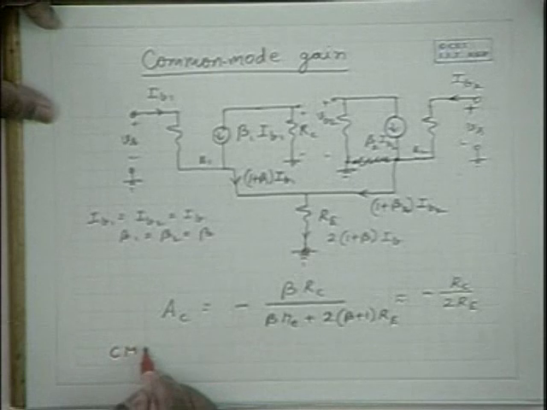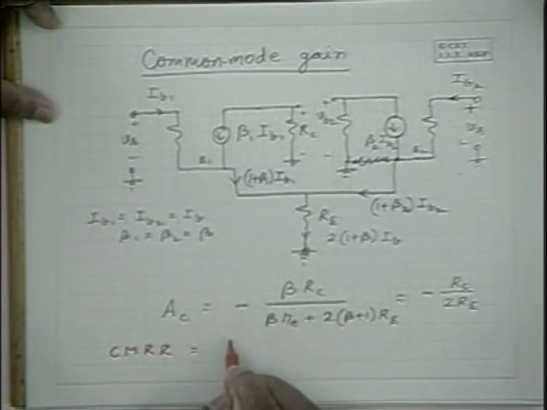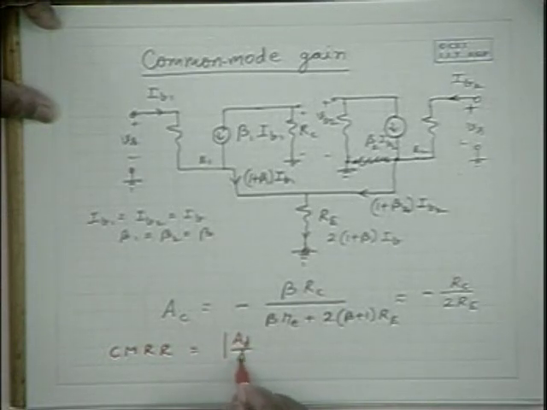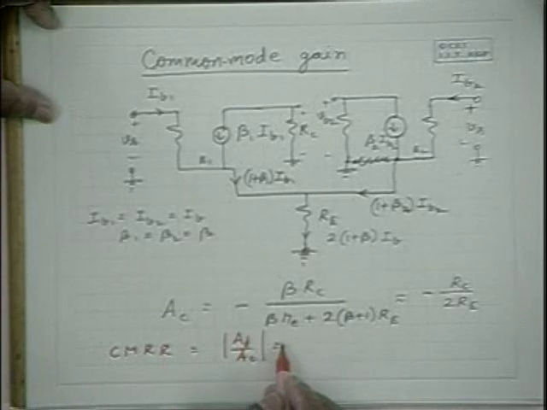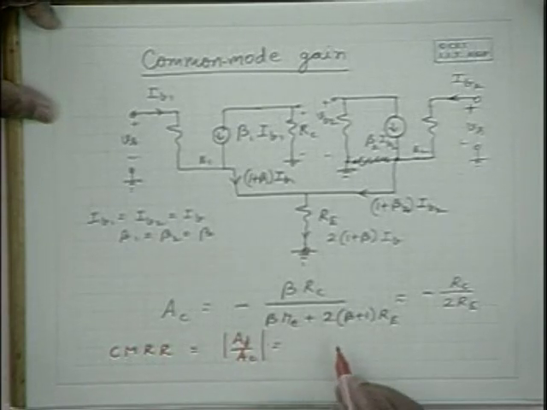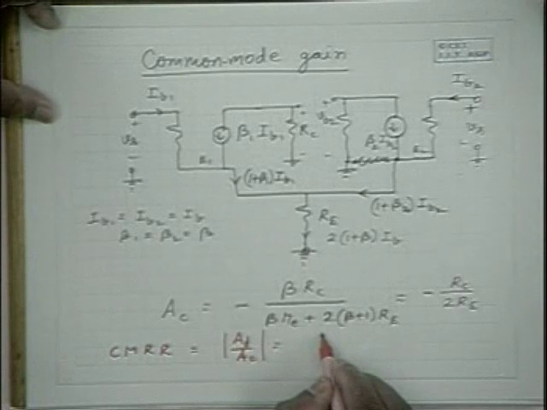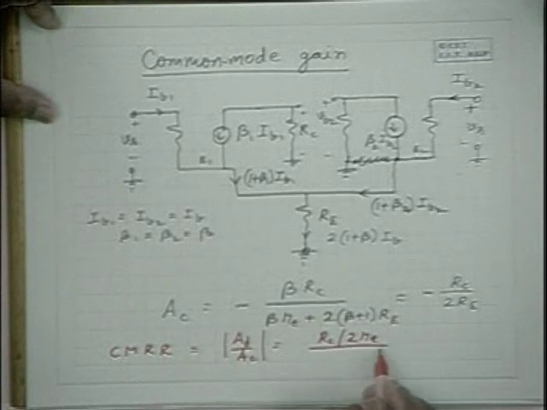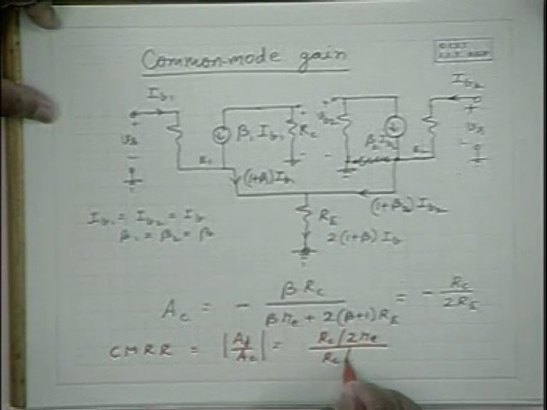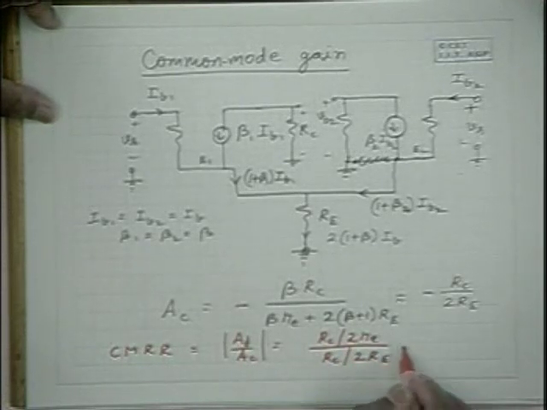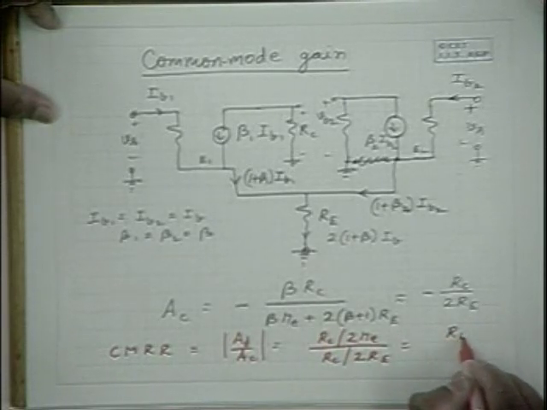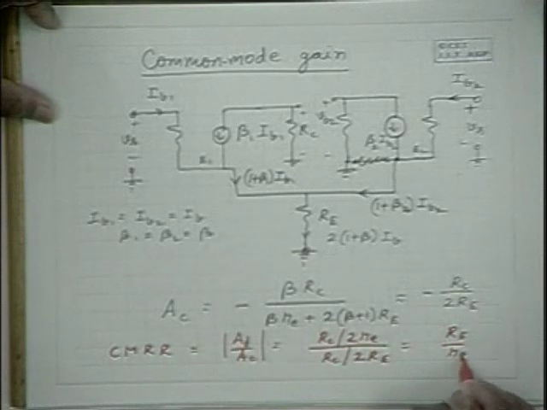Therefore, CMRR is the modulus of AD by AC, which is equal to RC by 2 small re divided by RC by 2 capital RE, and this is equal to capital RE by small re.